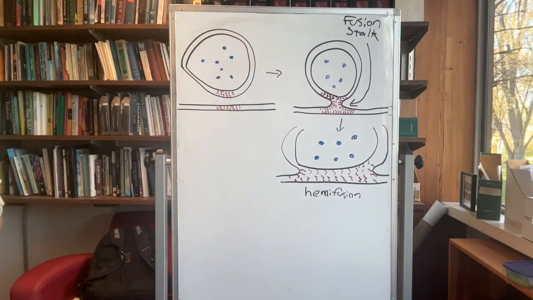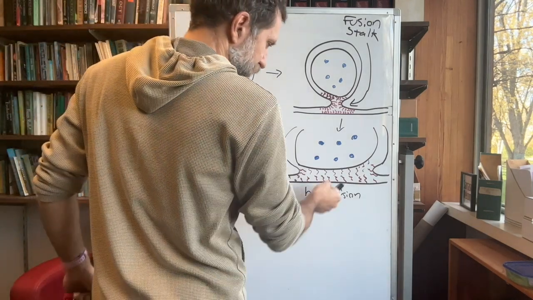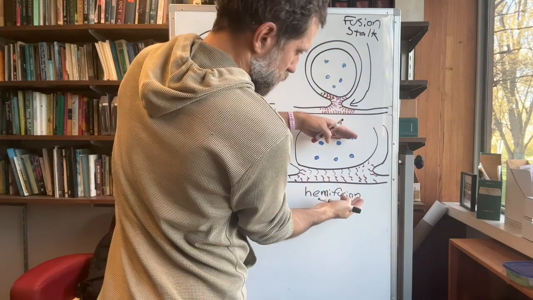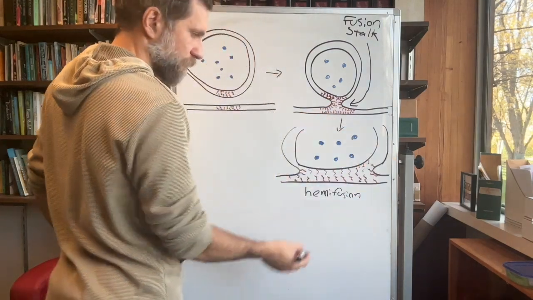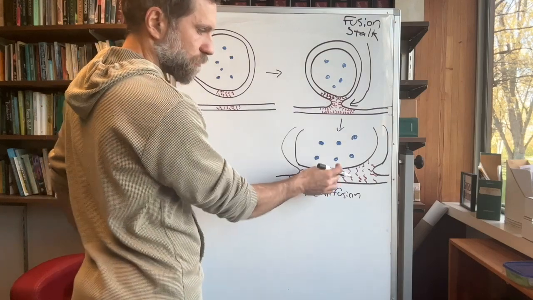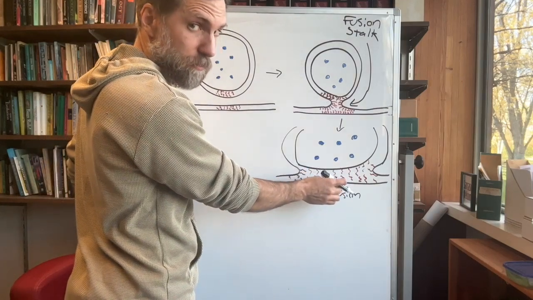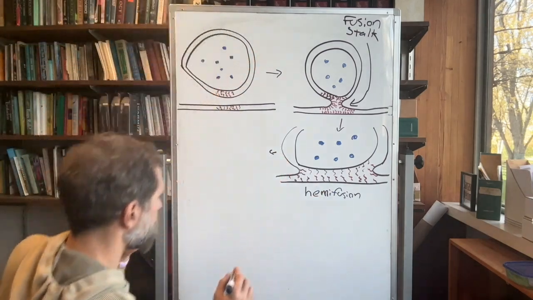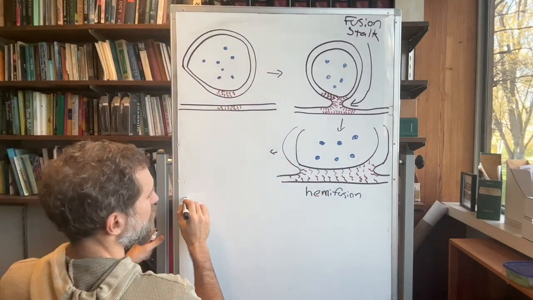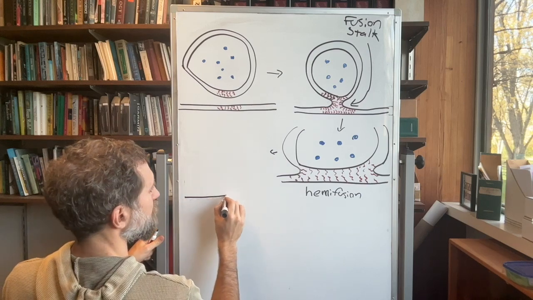And so the only thing that needs to happen now, as force is still bringing this vesicle down into the membrane and squishing them together, is a little hole to open up somewhere here to make that initial breach. Until it looks something like this.